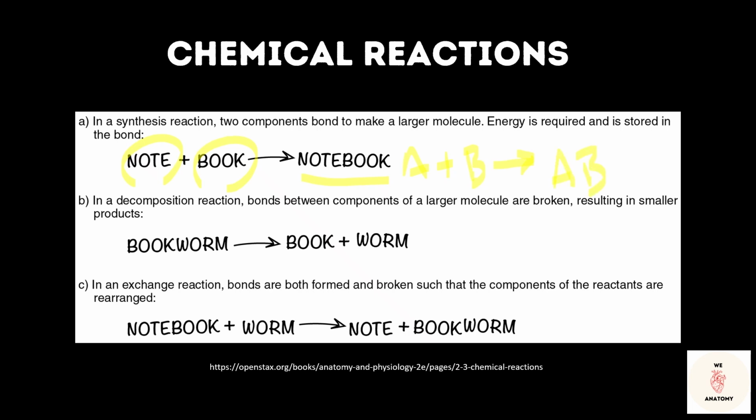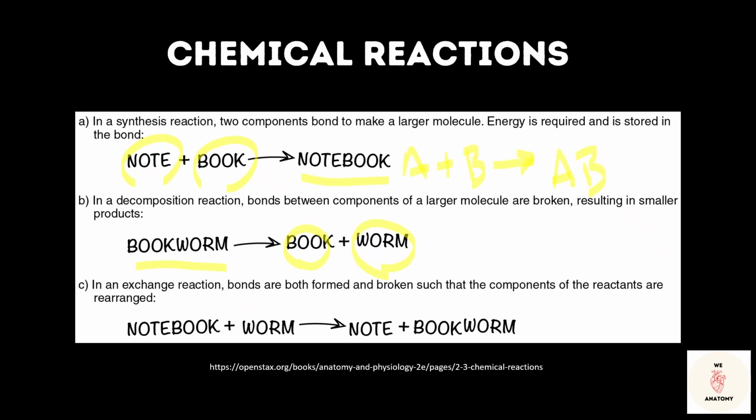Second, we have a decomposition reaction. Decomposition reactions occur when a larger molecule is broken down into smaller components. Here we see that with bookworm, where bookworm is broken down into book plus worm. In our synthesis reaction, energy was required to combine note and book, and that energy is then stored in the bonds of notebook.